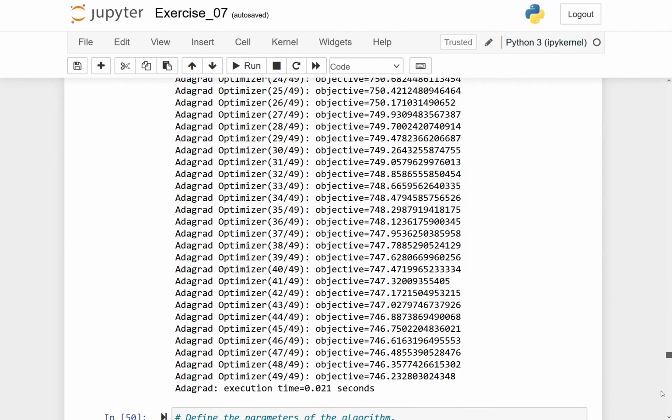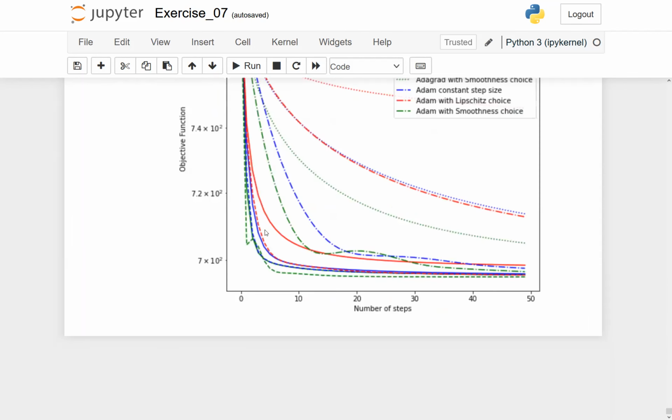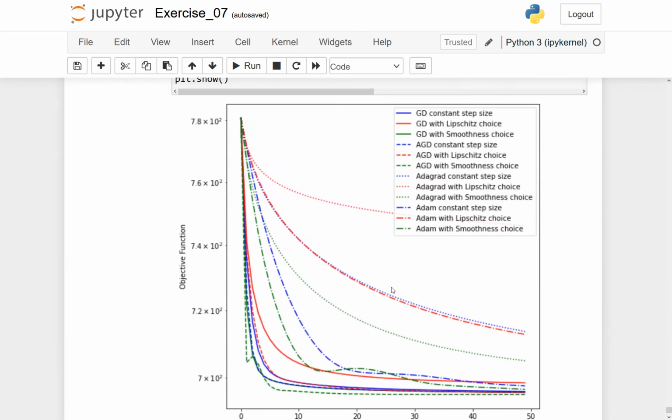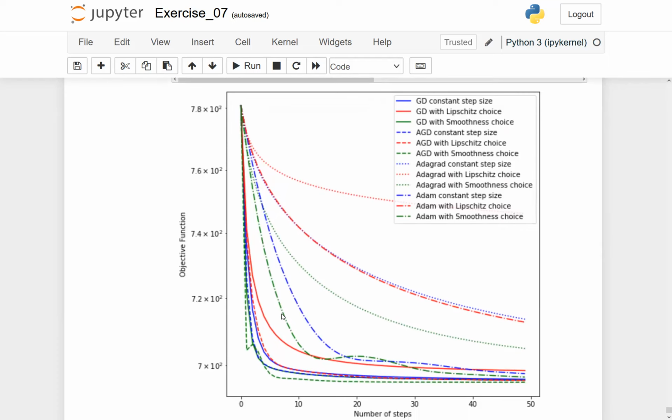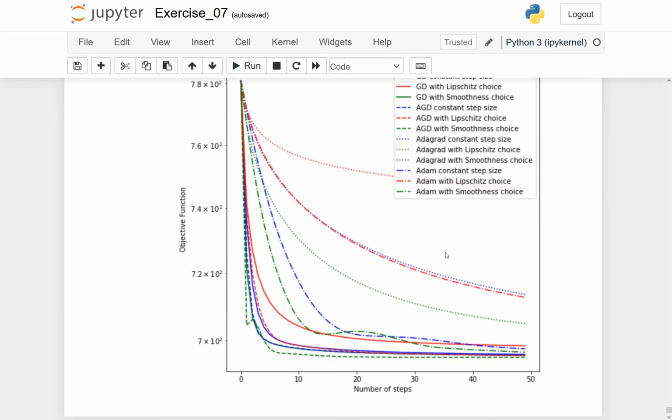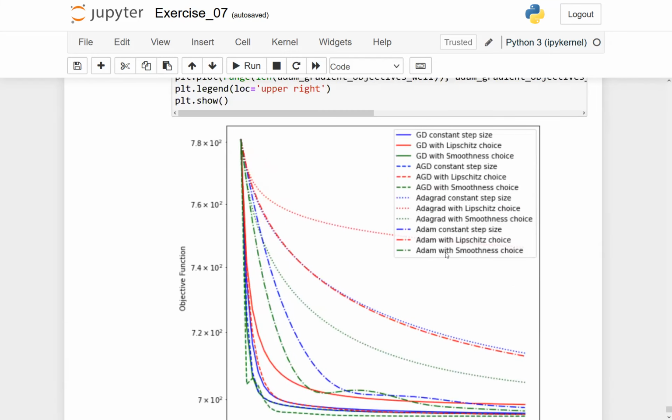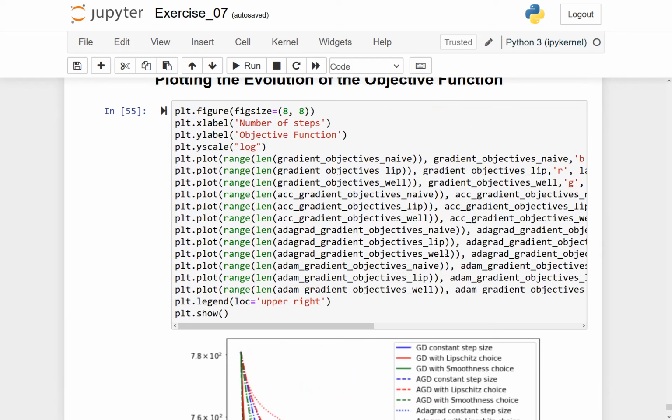Still, it's well conditioned, so your plain gradient descent, perhaps with the momentum term, does the job. But things change in general when you have more complicated things, like training deep neural networks. So this is the main takeaway message from this practical exercise.